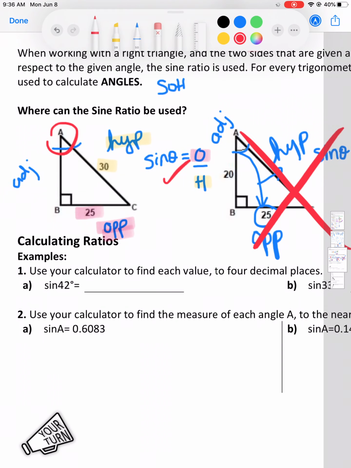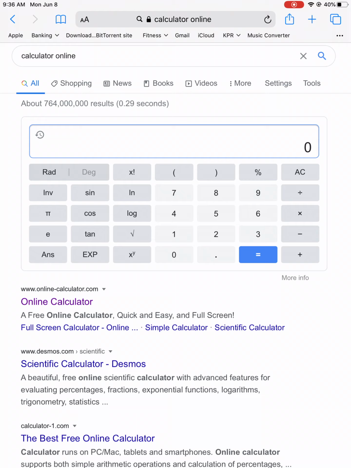Sine 42. So if I were to do sine 42, it works fine. Sometimes you have to type in 42 sine, and it really depends on your calculator.